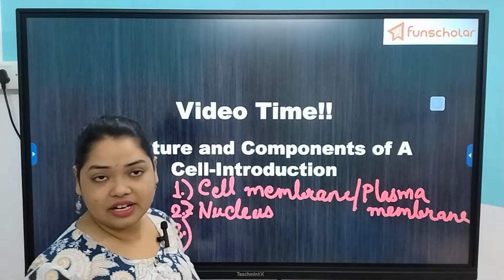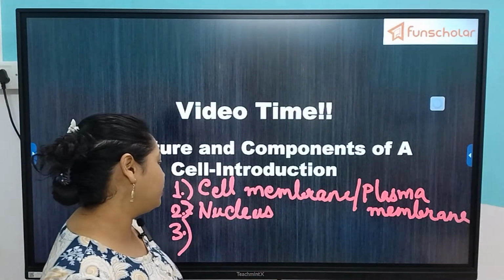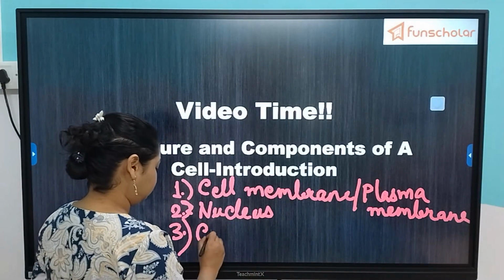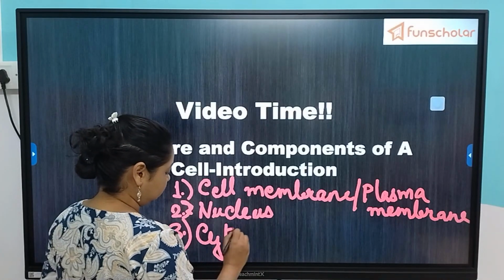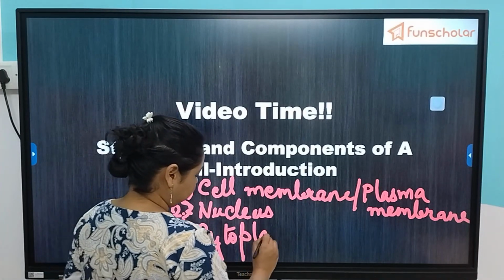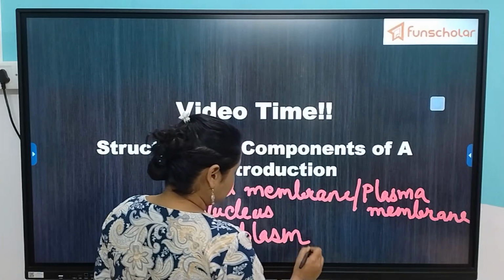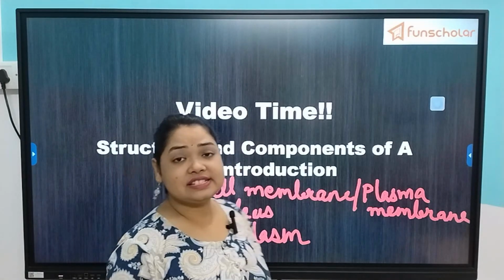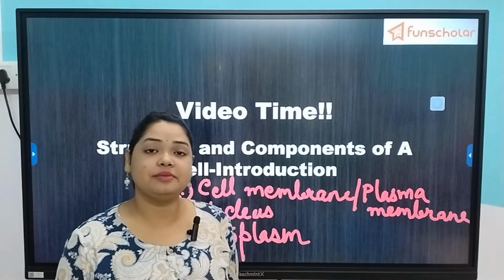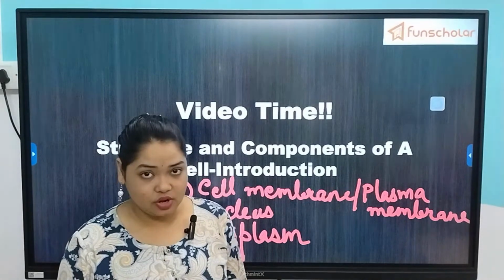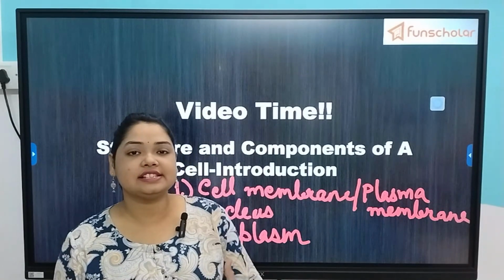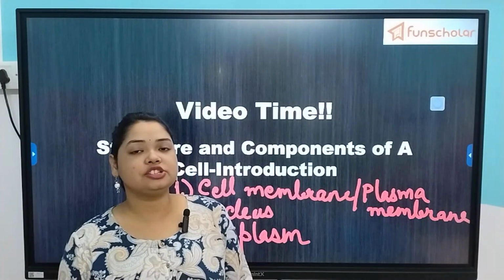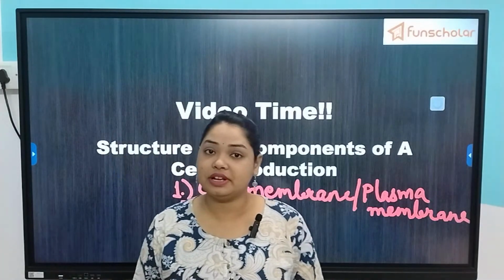And the last one of the structural components is the cytoplasm. What is cytoplasm? Cytoplasm is the jelly-like matrix of the cell. It is like a semi-solid fluid in which all the cellular organelles remain immersed.